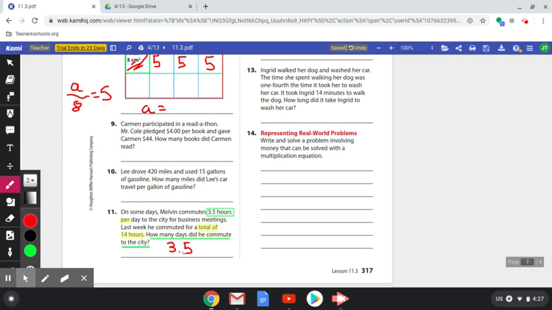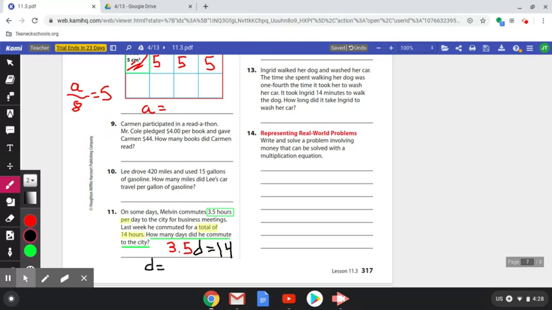Remember, per means multiplication, per day. So I'll use D for the variable. 3.5 times D equals, and they told us last week he commuted for a total of 14 hours. All right, so now there's your writing of the equation, and you're solving. You tell us, what does D equal?